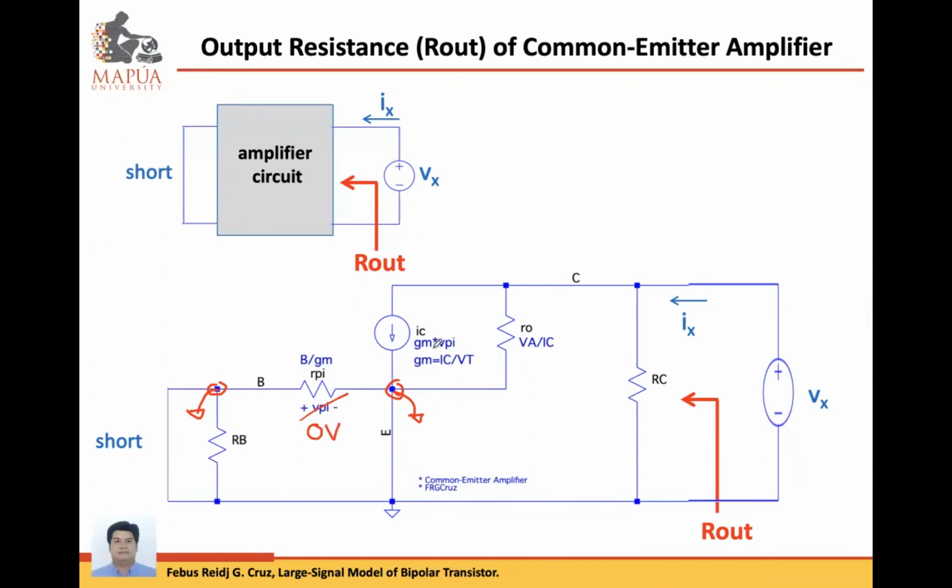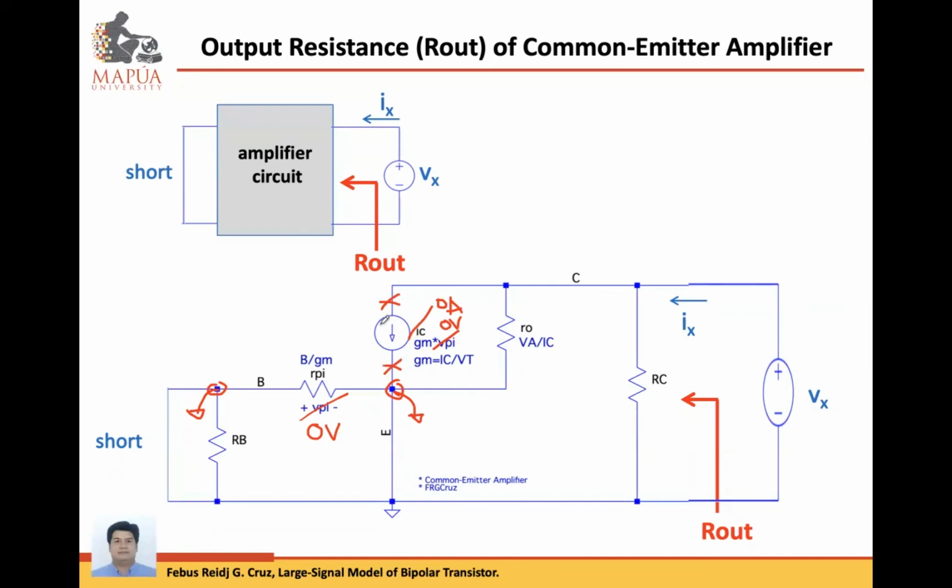And when V pi is 0 volt, then how much is the collector current? So IC is gm times V pi. gm times 0 volt, that makes collector current equal to 0 ampere. So that means the current source is effectively open circuit.